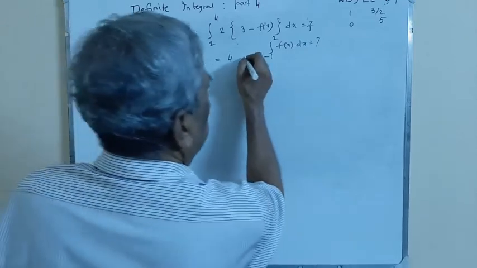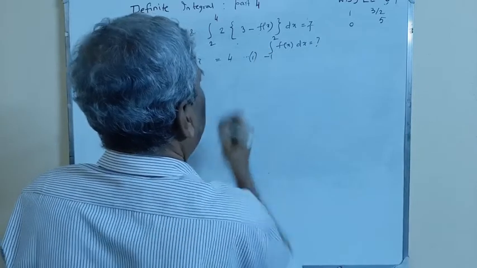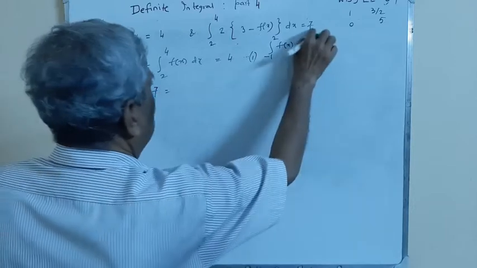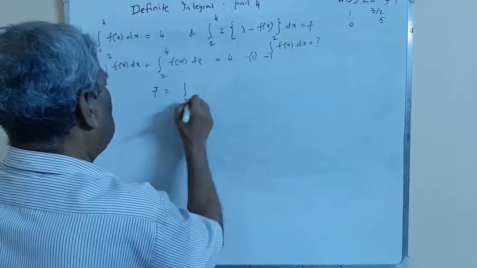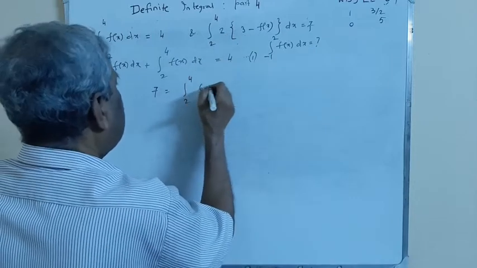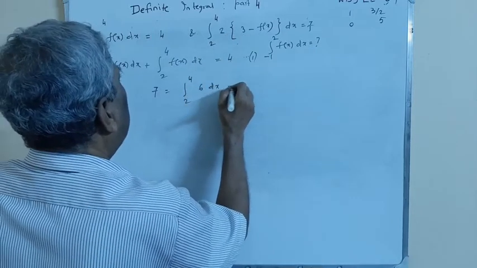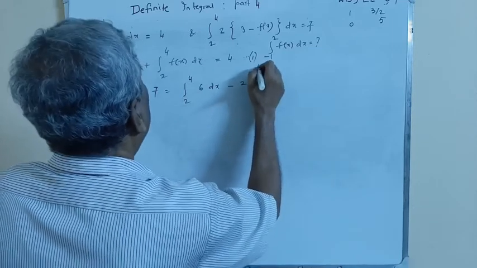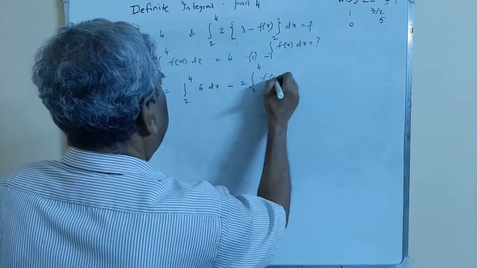So suppose this is equation 1, and given that 7 is equal to the integral from 2 to 4 of (6 dx minus 2 f(x) dx).